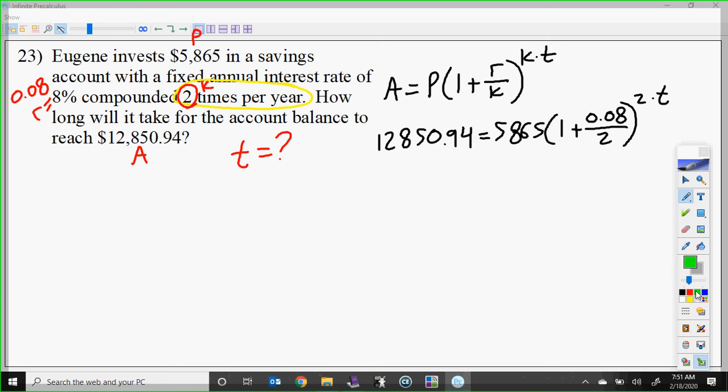Well, again, if I know both A and P, I'm going to divide both sides by P. So 5,865. Plug that in the calculator. 12,850.94 divided by 5,865.